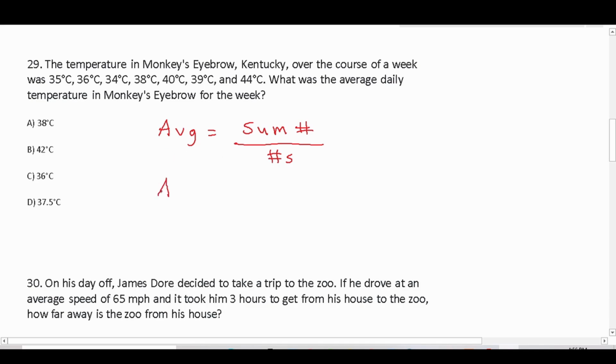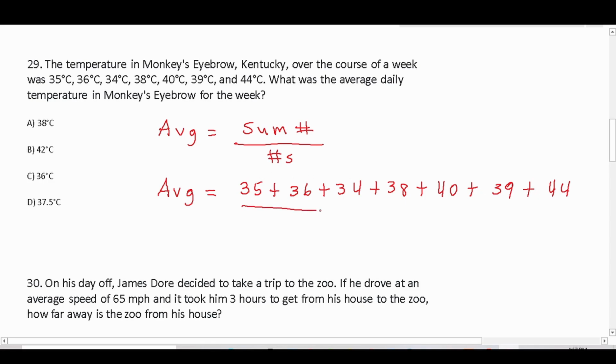So this is what that looks like. We have average. Let's go ahead and sum these all up. That's 35 plus 36 plus 34 plus 38 plus 40 plus 39 plus 44. So this is the sum of all the numbers that were given.